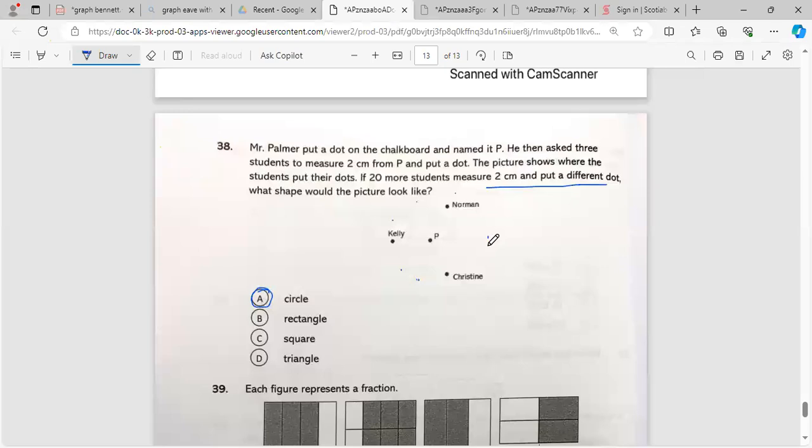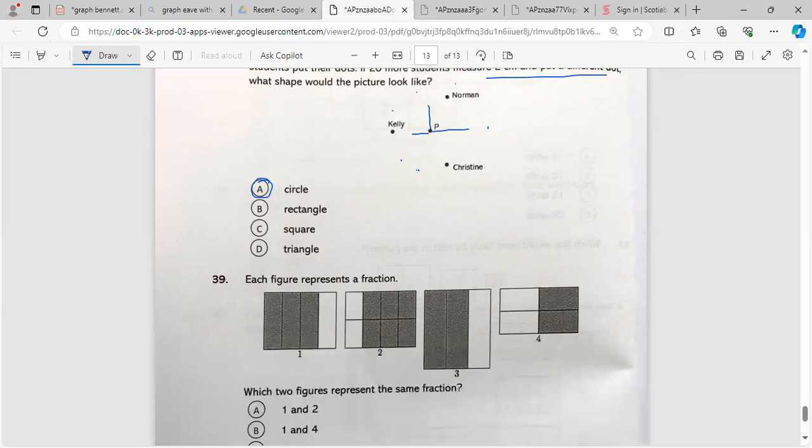But each point is exactly 2 centimeters from P, so that forms a radius, and all of them together will definitely form a circle, because each one is an equal distance from P, which is 2 centimeters. So only the reading part is difficult. I don't like how they structured it.